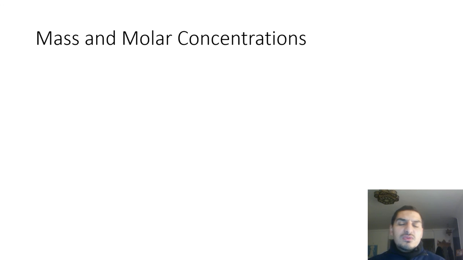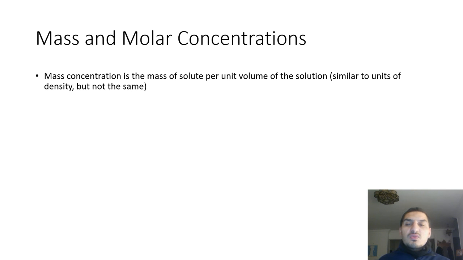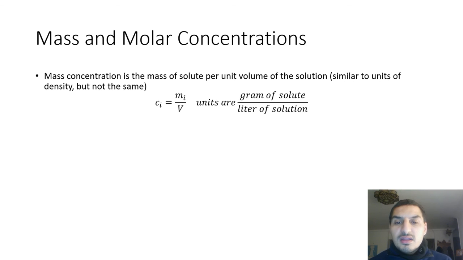The units that we use a lot are the mass and the mole concentration. This is the mass, or the moles, per volume of the solution. And this is Ci, which is the mass concentration, the mass of the solute divided by the volume of the solution. It is important to understand that these are two different things.